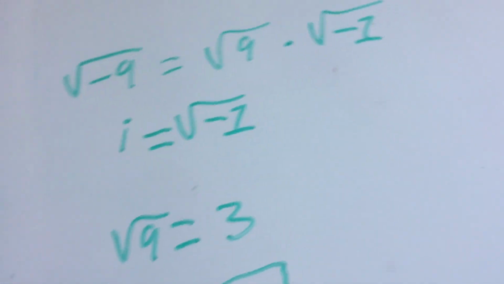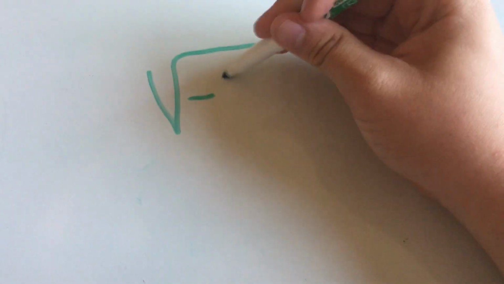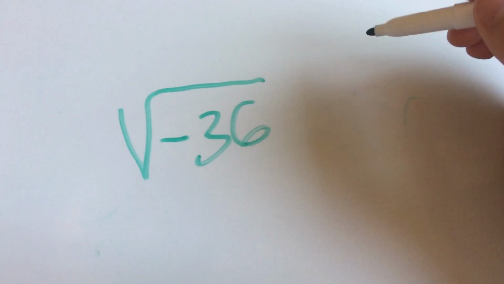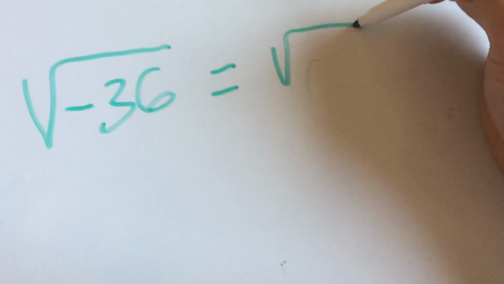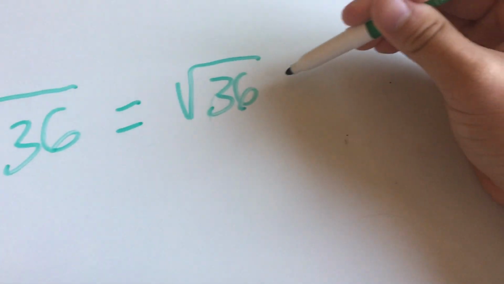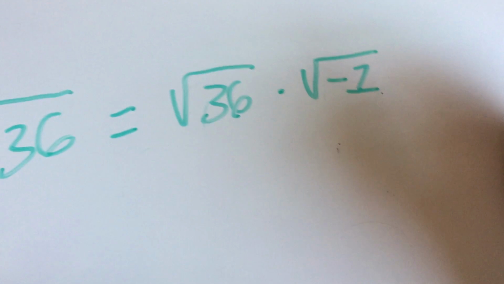Let's do more examples. Take the square root of -36. You can write it as the square root of 36 times the square root of -1.